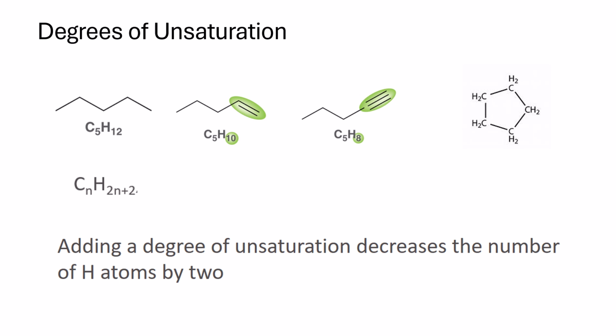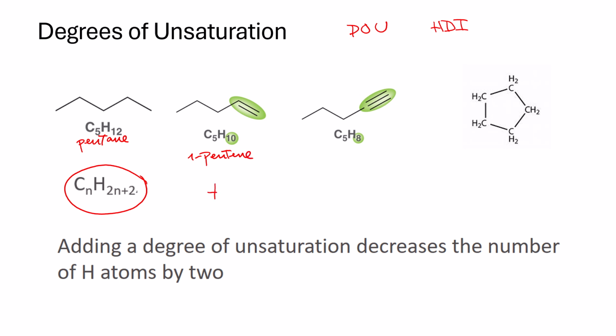Now, one important thing to determine is the degree of unsaturation. Also, we call that the hydrogen deficiency index. Here you see the normal alkane formula. The general formula is CnH2n+2, so double the number of carbons, plus 2. This is pentane, C5H12. But now if you have pentene, you have 10 hydrogens.